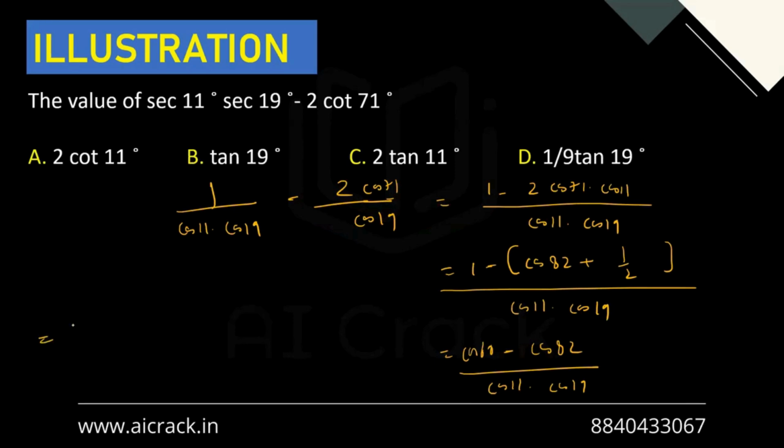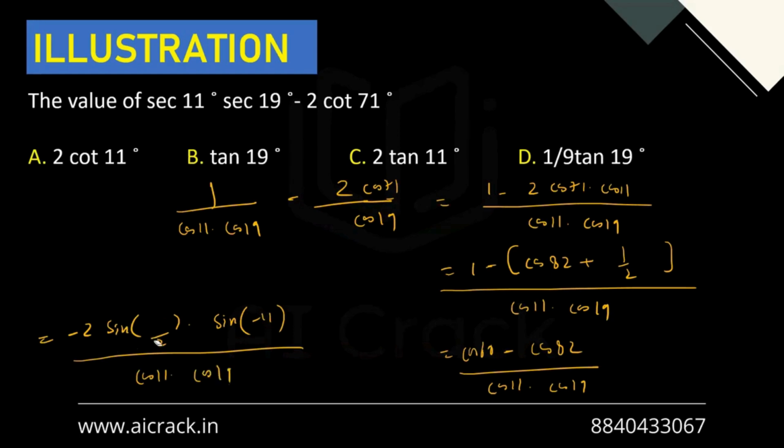That gives me minus 2 sine of c plus d by 2 dot sine of c minus d by 2, right? So we'll be getting minus 2 sine of c plus d by 2, that gives me 60 plus 82, that is 142 by 2, dot sine of c minus d by 2, that gives me 60 minus 82, that is minus 22 divided by 2, that is minus 11, divided by cos of 11 dot cos of 19.